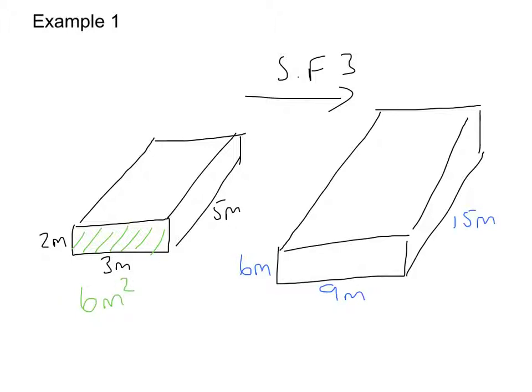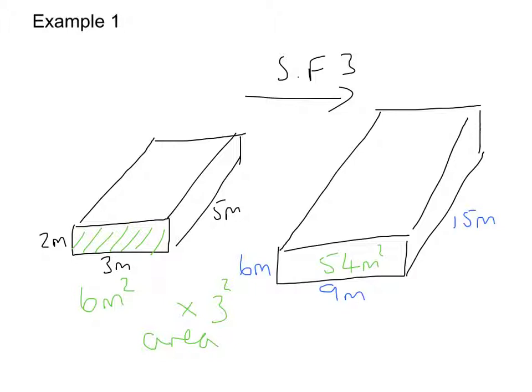What do you think the area of this one will be? Well, if we are multiplying the lengths by a scale factor of 3, to work out the area we multiply by a scale factor of 3 squared, which is 9. So we'd expect this to be 54 meters squared, and it is. 6 times 9 is 54.